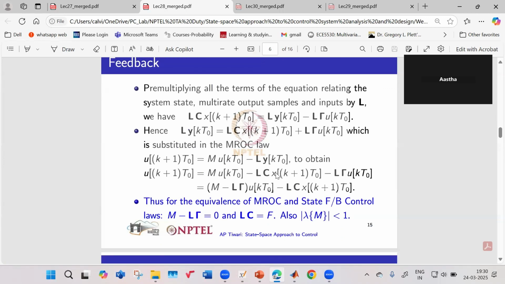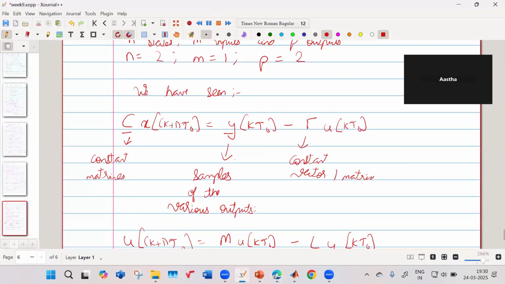Let us check this expression again. This is our expression.